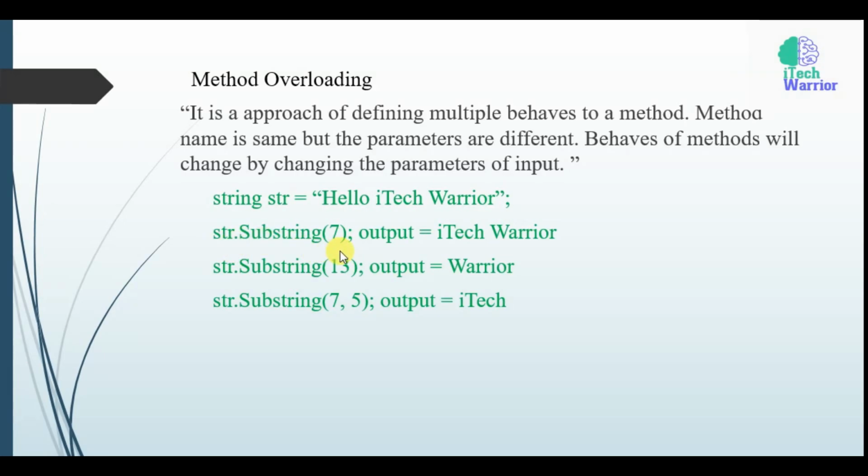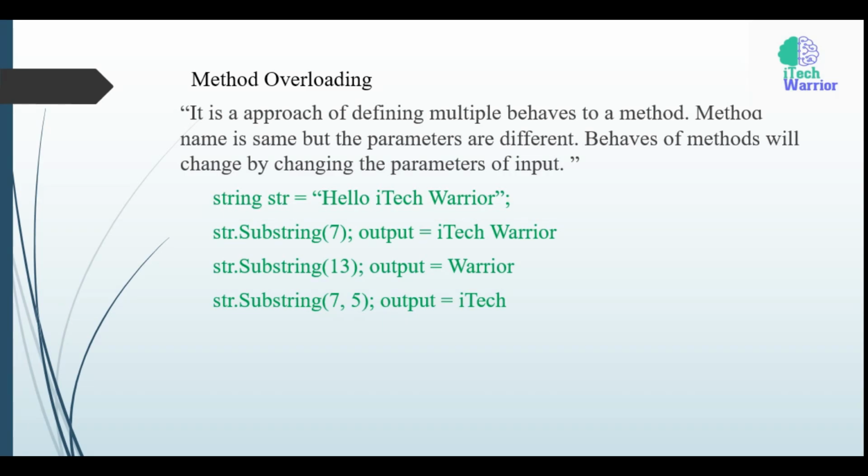In the second statement I pass 7 and the output is "iTech warrior", in the third statement I pass 13 and the output is "warrior". In the fourth statement I pass 7 and 5 and the output is "iTech". So the method name, substring, is the same in every statement, but the output is different. This is the best example of method overloading.